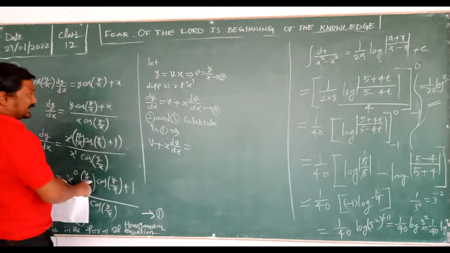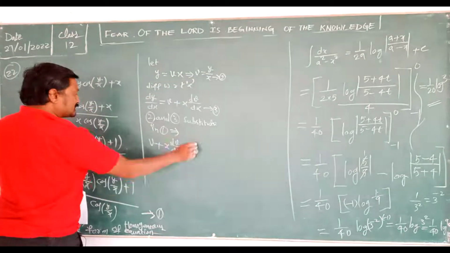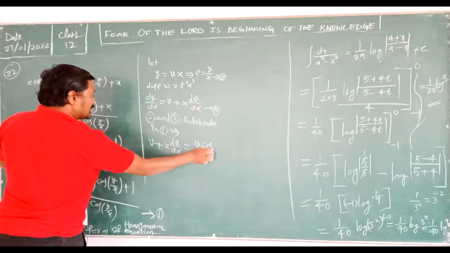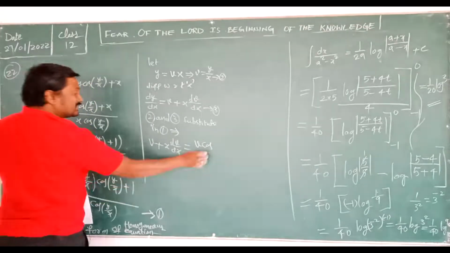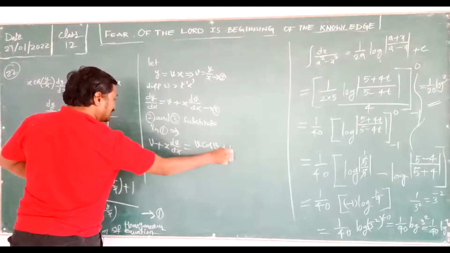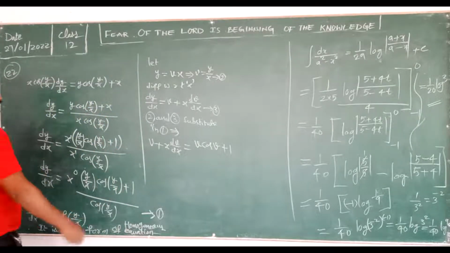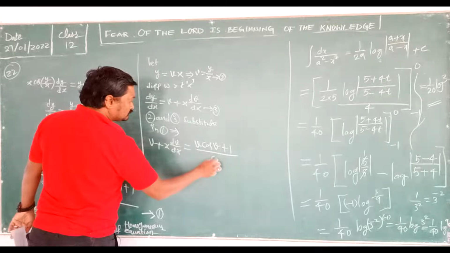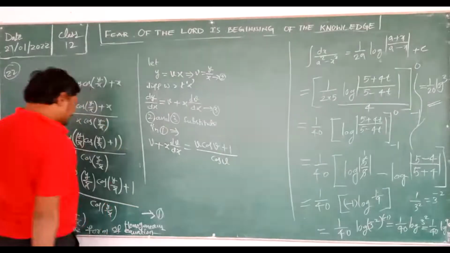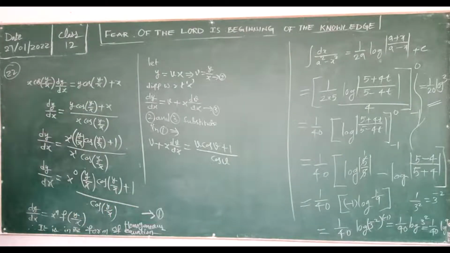Then y upon x means v, substitute that. v. Cos of y upon x is nothing but cos v, plus 1, then upon cos v. I think up to here everyone understood.